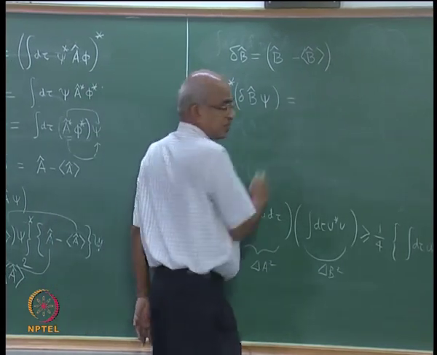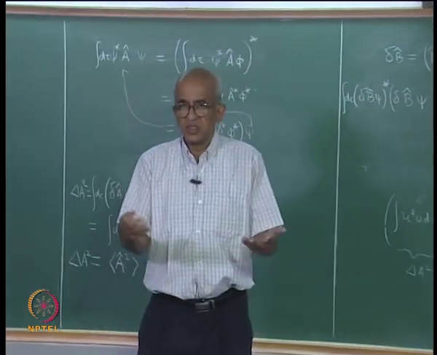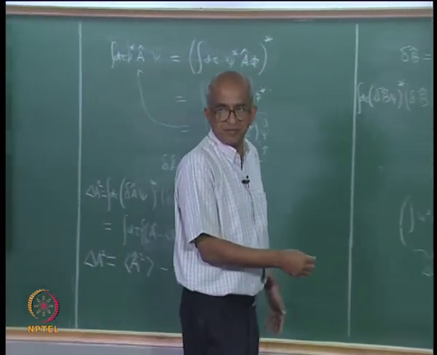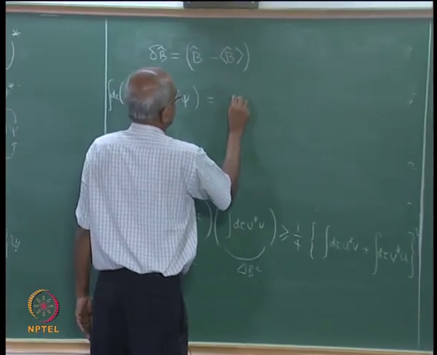The answer will be actually equal to delta B square, the uncertainty in B, correct, the square of the uncertainty in B.